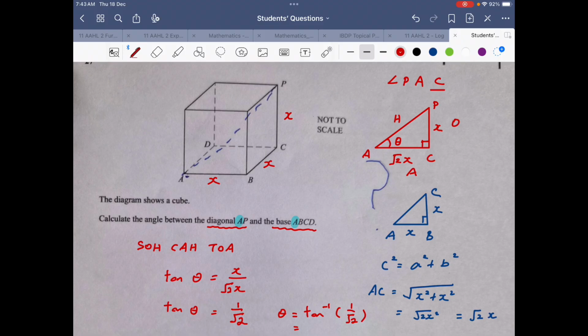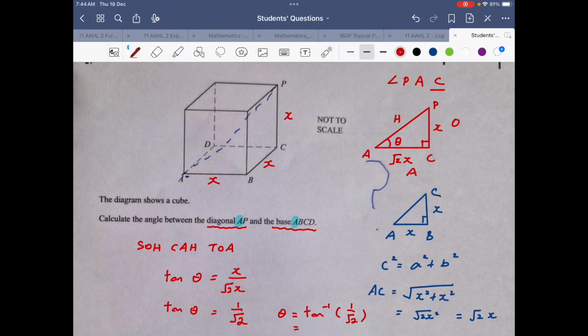Where's my calculator? Okay, tangent inverse. For those who are watching this, you can try it out as well. Tangent inverse of 1 over root 2. Make sure that your calculator for the angle input is in degrees, because if it's in radians, then it will be wrong.